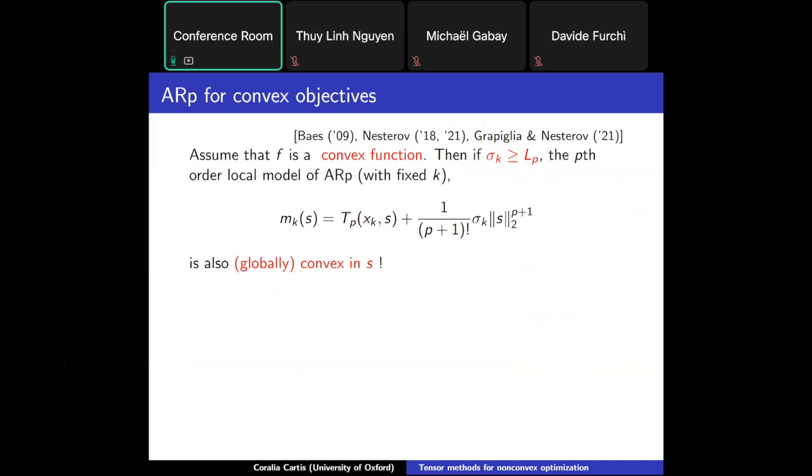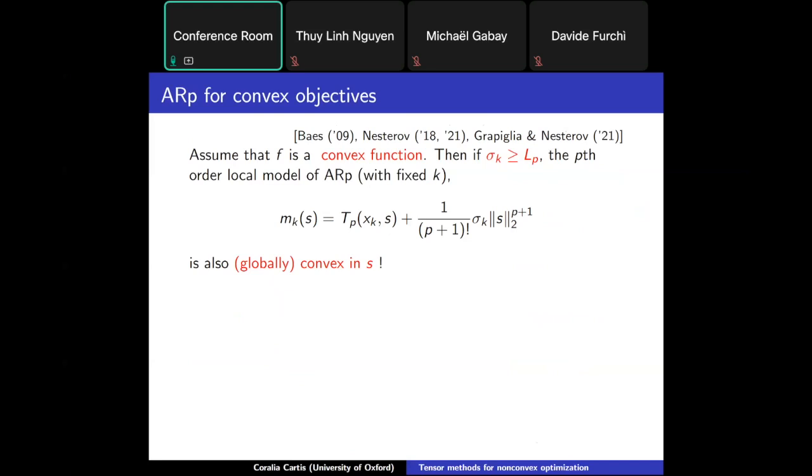If sigma is above the Lipschitz constant of my pth derivative, which anyway I assume it is, then, rather surprisingly, I would say, this local model, the one I've used before as well, is now a convex function. Though this is a polynomial of high degree, if the function is convex and this weight is large enough, this model is convex. So that means that in the convex world, when f is convex, this is easy to minimize.